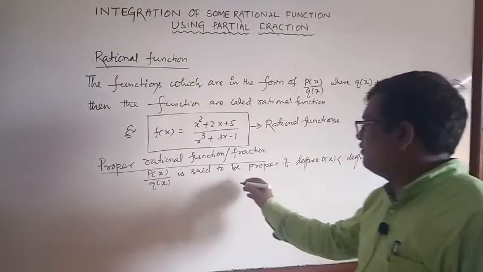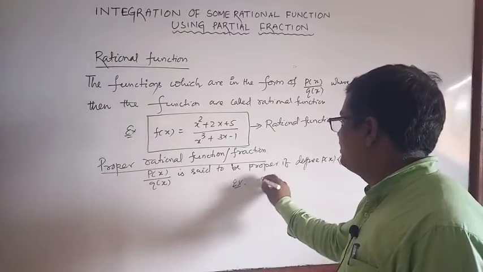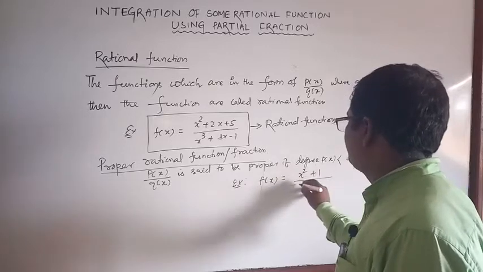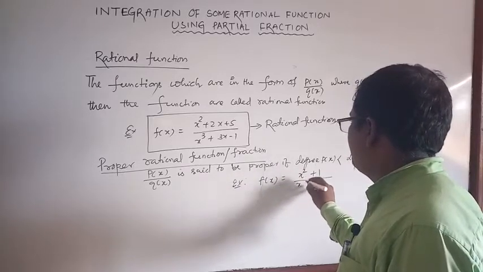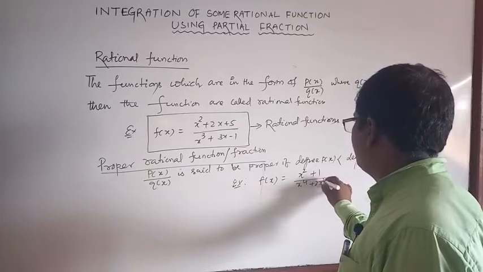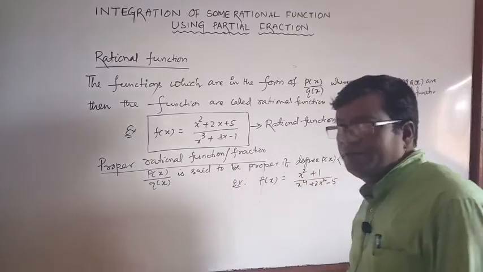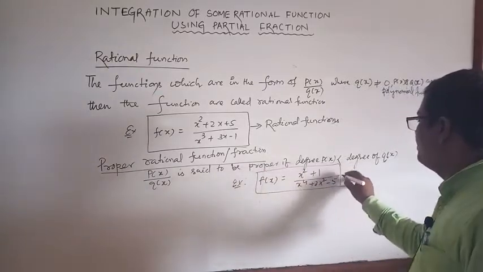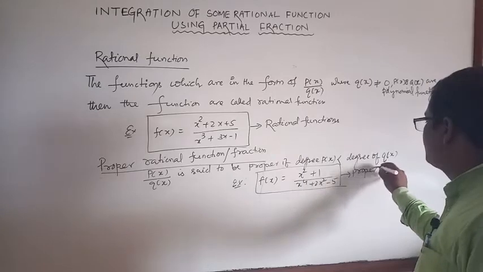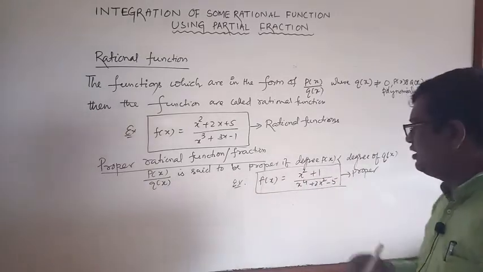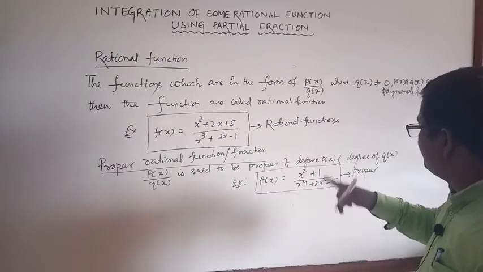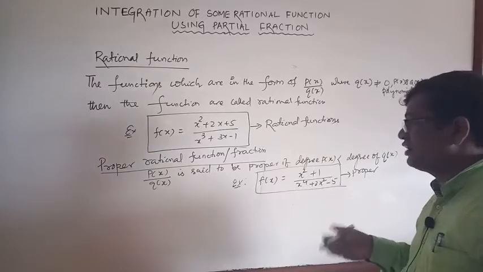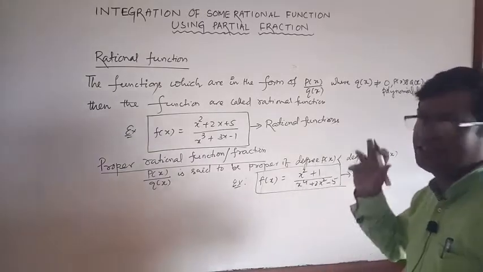For example, f of x is equal to x square plus 1 divided by, suppose you are given, x fourth plus 2x square minus 5. This is proper because the degree of the numerator is less than the degree of the denominator, so it is called a proper fraction.